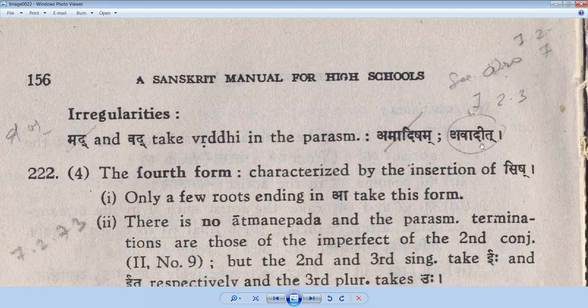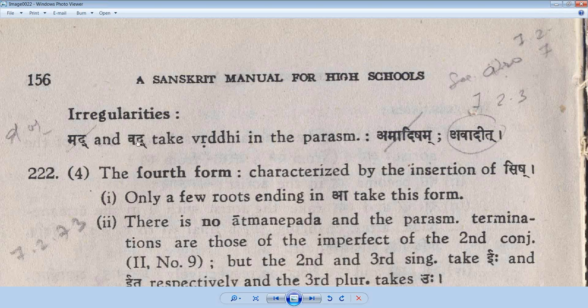So Avadit and Avrajit. That is 7.2.3, which of course we've been using all along: Vada Vraja Halantasya cha. I don't know why in the book he has put Mada. That may be a typo. That looks like a typo to me. The sutram only says Vada Vraja Halantasya cha. So please change that to Avadit and Avrajit.